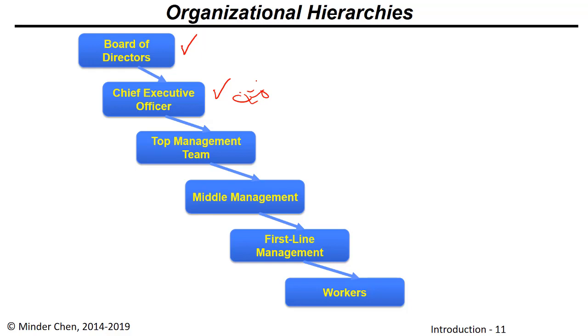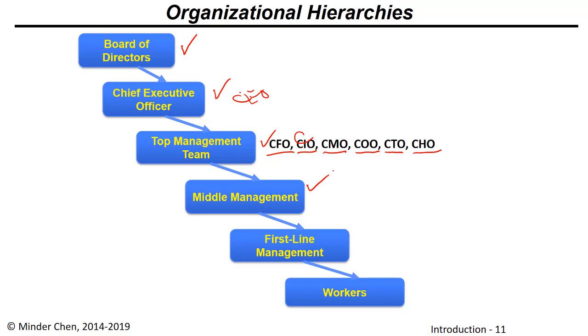Any organization has a top management team, which we sometimes call the C-suite: chief financial officer, chief information officer, chief marketing officer, chief operational officer, chief technology officer, and chief human resource officer.